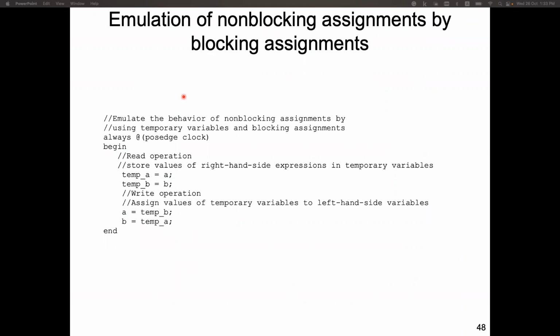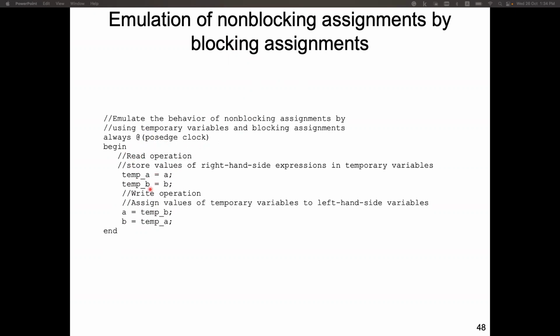To see things clearly, here I show another example. It emulates the non-blocking assignments using blocking assignment statements. So this example has the same effect as the previous non-blocking assignment.